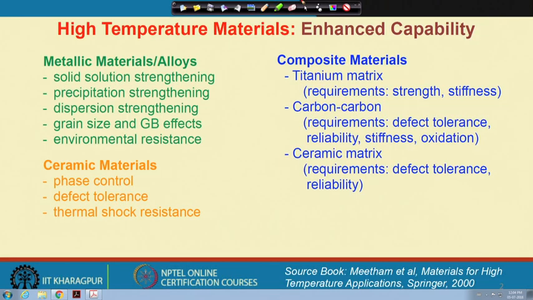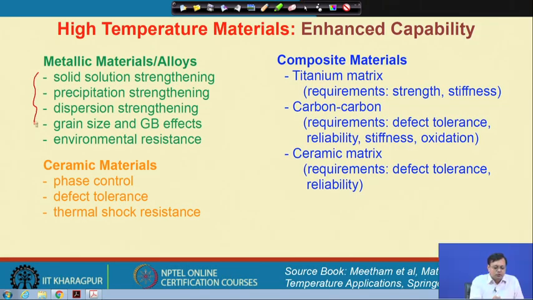Here I have listed those mechanisms that enhance strength and other mechanical aspects, like solid solution strengthening. Solid solution strengthening means we add a solute atom in order to increase the lattice friction, and it also stops some dislocations, so the friction stresses also increase.